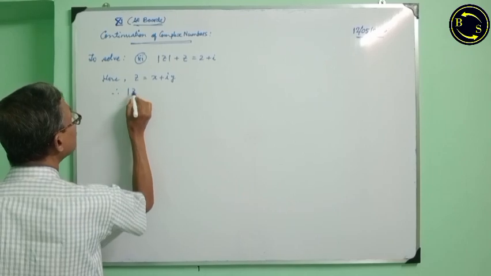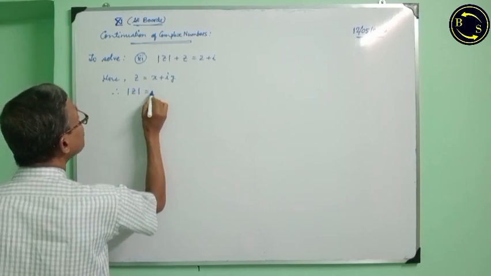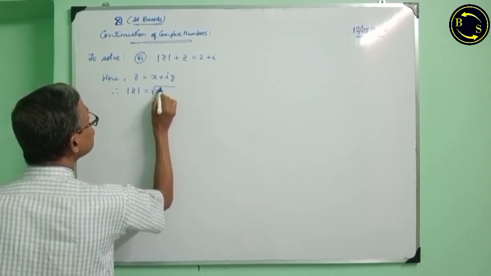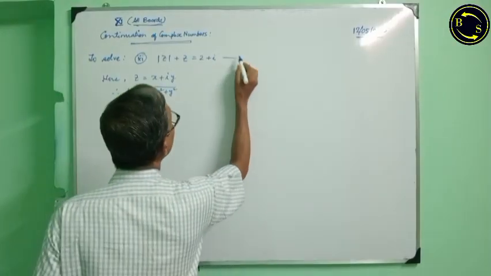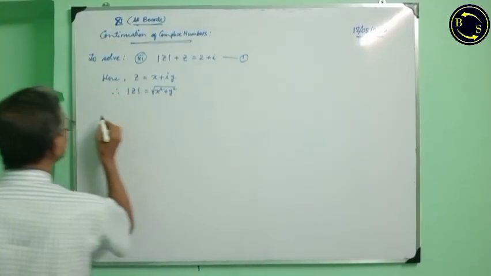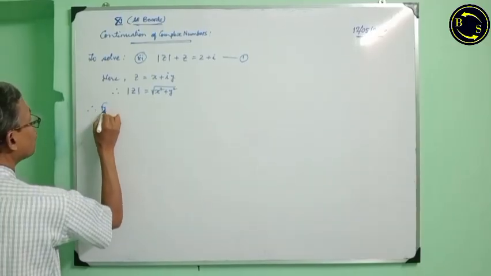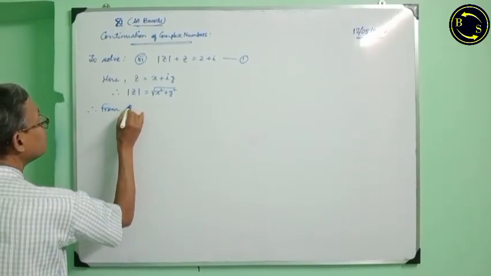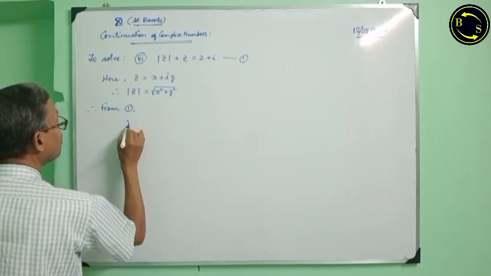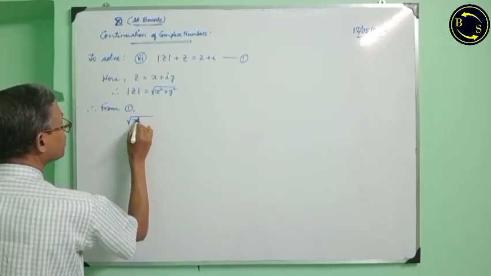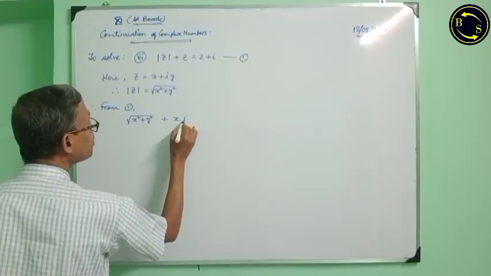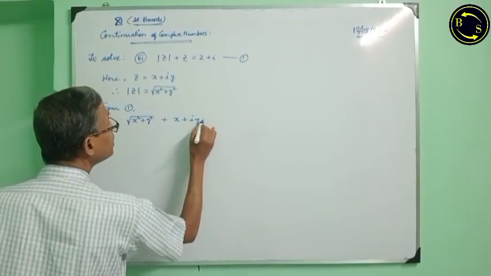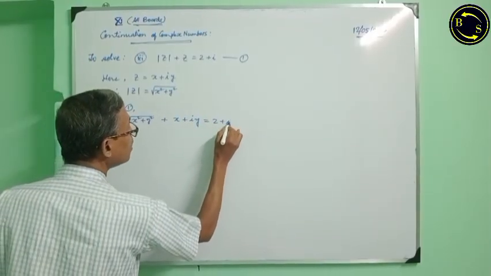Therefore, mod z equal to root over x square plus y square. I call it number 1 equation. Therefore, from 1, root over x square plus y square plus x plus iy is equal to 2 plus i.